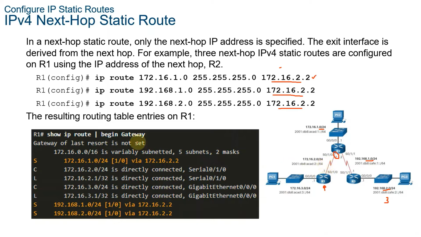After the configuration, you might want to check the routing table entries on R1, and that is possible via show ip route. Or you could use the more specific show ip route | begin Gateway, which starts with the word Gateway. From the routing table, we can see that the remote networks we defined are denoted by S. You've got 172.16.1.0, 192.168.1.0, and 192.168.2.0.